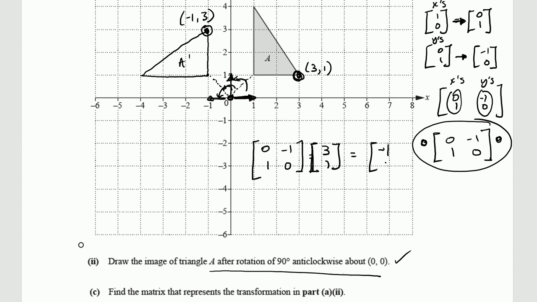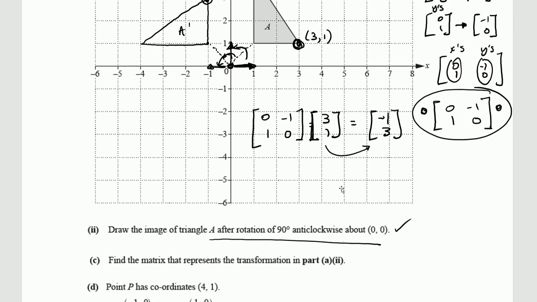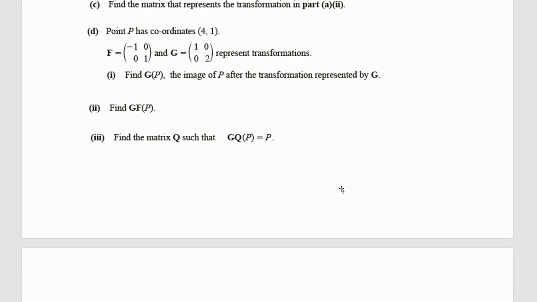To get the entry in the second row, I'm going to multiply the second row of this by my vector. 1 times 3 is 3, and 0 times 1 is 0. Adding those together gets me 3. So we have confirmed at this stage that the 3, 1 would map to the minus 1, 3 using that matrix, and I can be fairly sure I've done this thing correctly now. This step isn't necessary, I'm just trying to walk you through what it actually means and what it does. Let's carry on to the rest of the question.